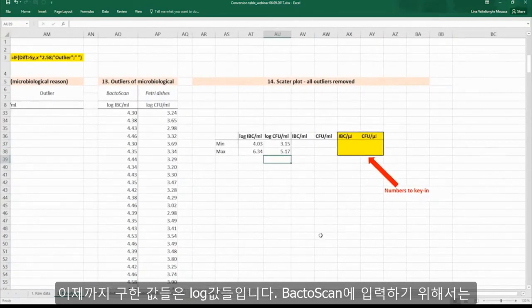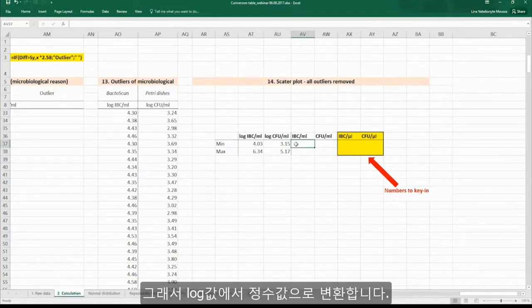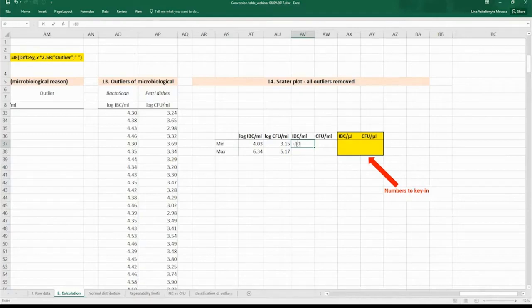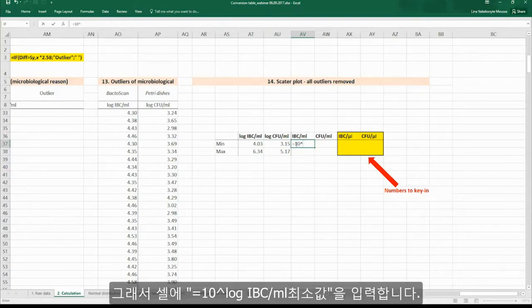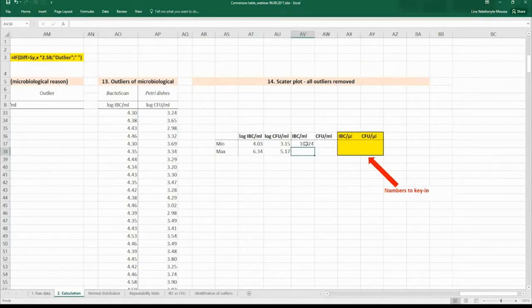However, into BactoScan we have to key in normal data. So we have to transform from logarithmic to normal data. So we're using formula 10 to the power of, choosing log IBC per milliliter, and we're getting 10,724 IBC per milliliter.